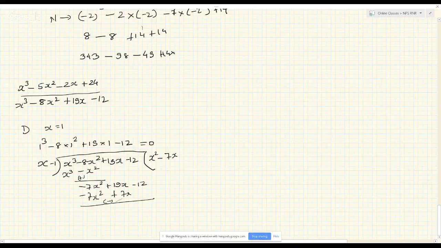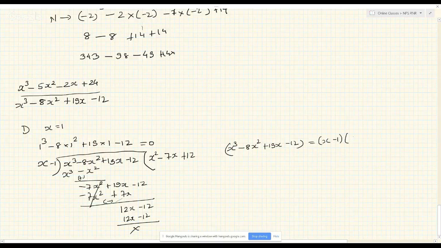This gives 12x minus 12, and then plus 12, you will get 0. So the denominator x cubed minus 8x squared plus 19x minus 12 is equal to x minus 1 times x squared minus 7x plus 12. Again split the middle term, you'll get x minus 3, x minus 4.